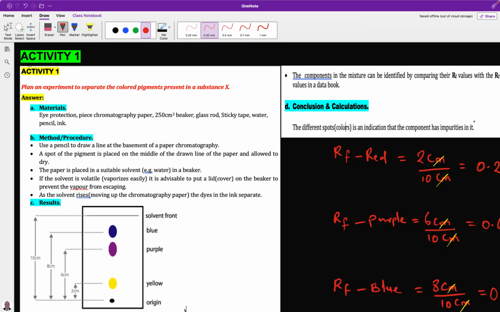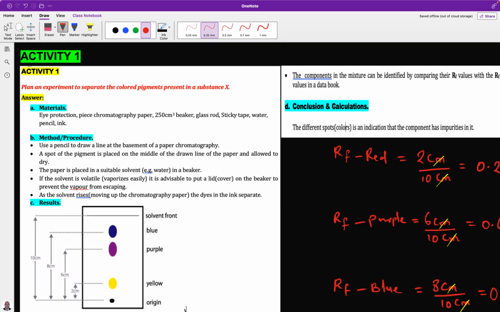In that case, take for instance, they want to test your knowledge on paper chromatography, and they tell you, plan an experiment to separate the colored pigments present in a substance X. You have been given a substance X. They tell you, design an experiment to show how you can separate the different color pigments in it. They just want you to do the procedure that is needed in chromatography.